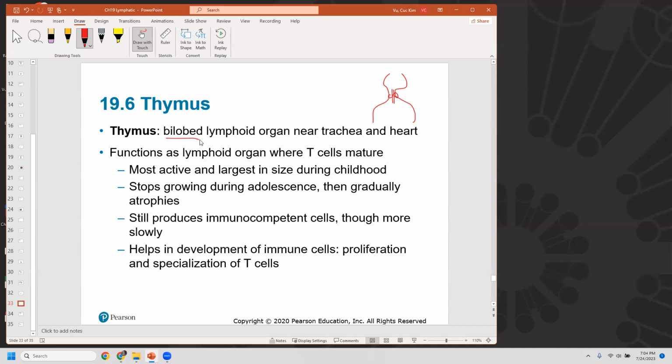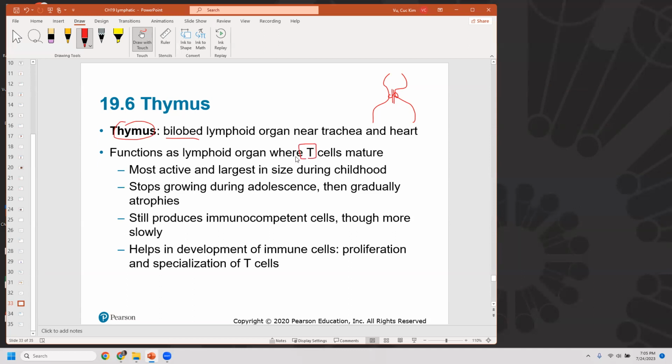It is right on top of the trachea, literally lying on top of the trachea and then above the heart. These function as lymphoid organs, and the reason why lymphocytes become T cells and B cells is because the lymphocytes go to the thymus, and that's where they differentiate into T cells.